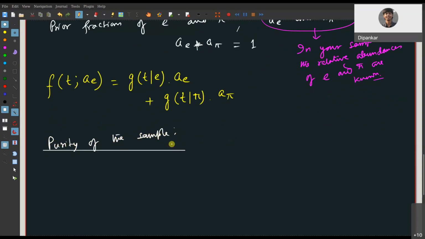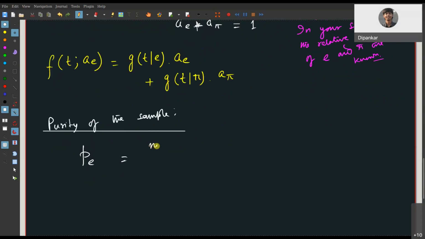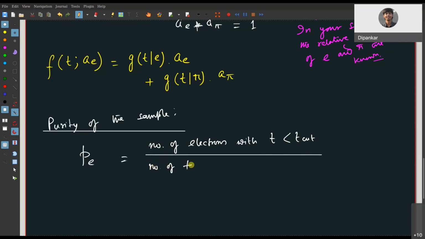So you define it like this. The purity of the electron sample will be the number of electrons with t less than t cut, divided by the number of total particles with t less than t cut.